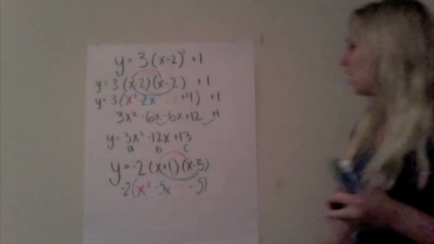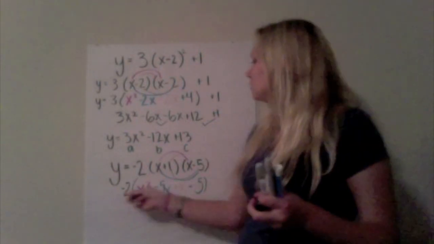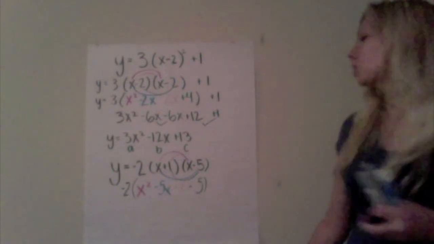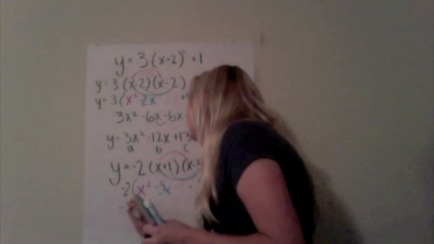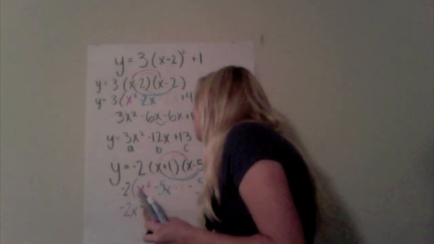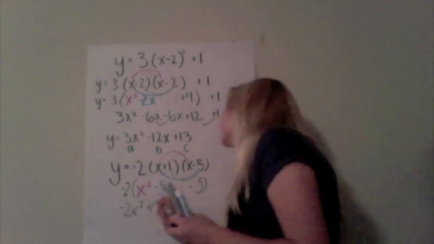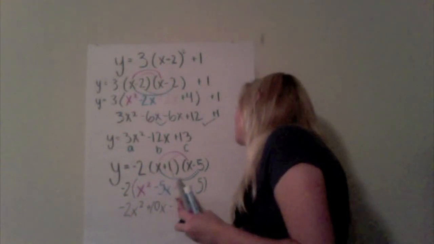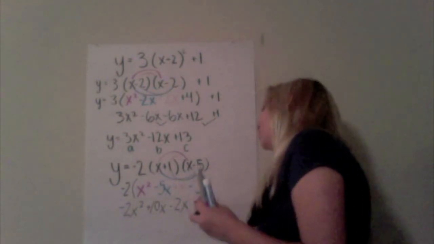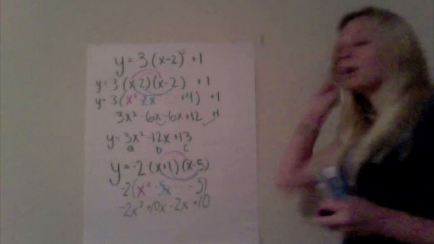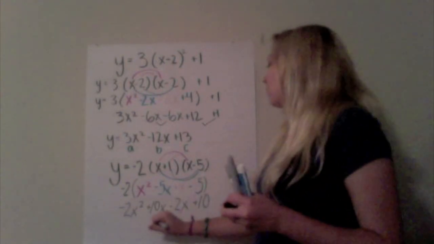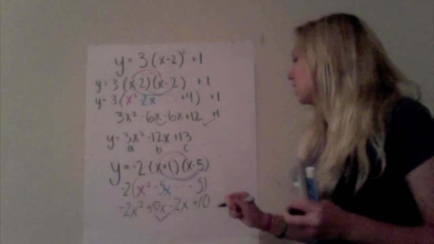So we're going to go ahead and distribute this negative 2 to all 4 of these terms, and we end up with negative 2x squared plus 10x minus 2x plus 10. Now we still have terms that we can combine, which is our 10x and our negative 2x.